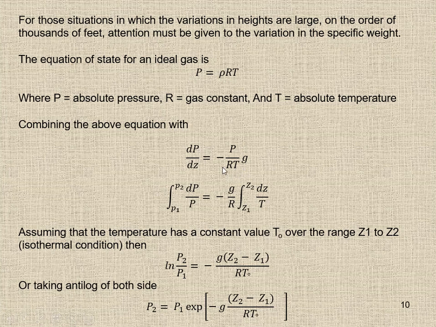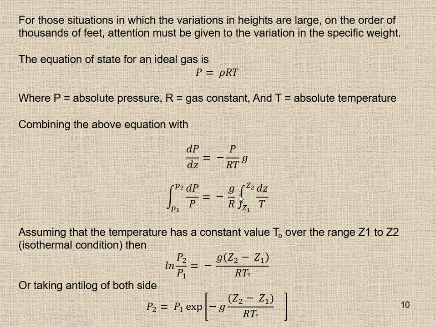Because dP/dz, the equation we derived, equals minus gamma, and gamma is equal to ρg, so we replace ρ with P over RT. Now we integrate at what height we want to measure the pressure or the change in pressure due to the density.